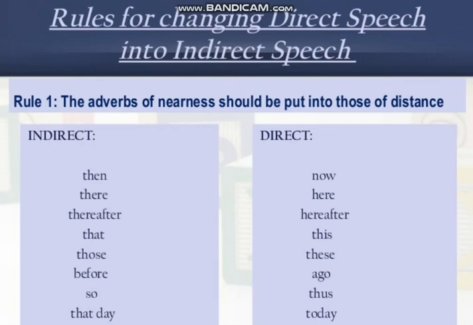All the different adverbs showing the time of the action are changed into other adverbs showing distance. So this rule is also followed whenever we change a sentence from direct speech to indirect speech: adverbs showing nearness of the action are changed into adverbs showing distance of the action.